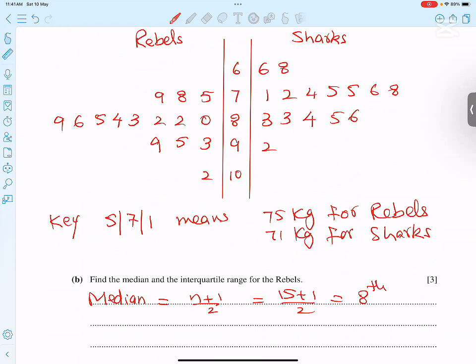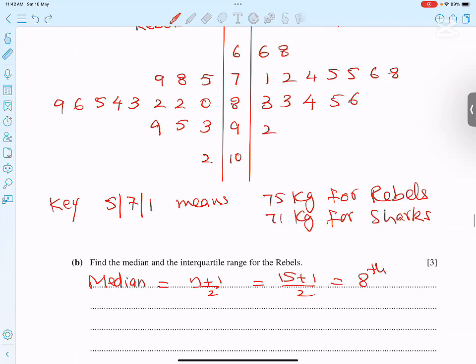Counting from the left side, we start counting from here: 1, 2, 3, 4, 5, 6, 7, and 8. So the median is 84 kilograms. I hope you got the idea.